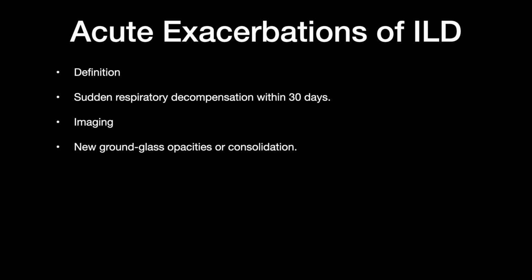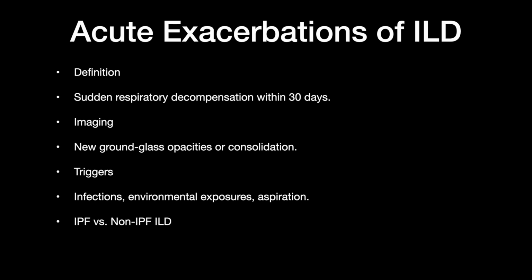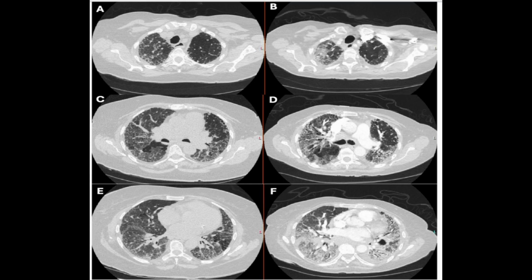The imaging shows new ground glassings or consolidations. The triggers are infections, environmental exposures, aspiration, but most likely infections. Now, regarding idiopathic pulmonary fibrosis versus non-idiopathic pulmonary fibrosis ILD, the exacerbations are more common and severe in idiopathic.